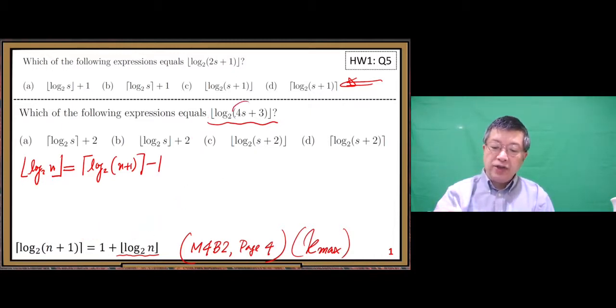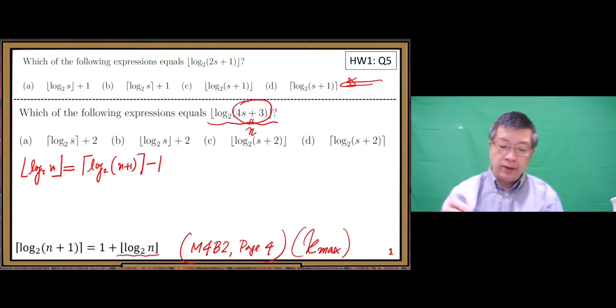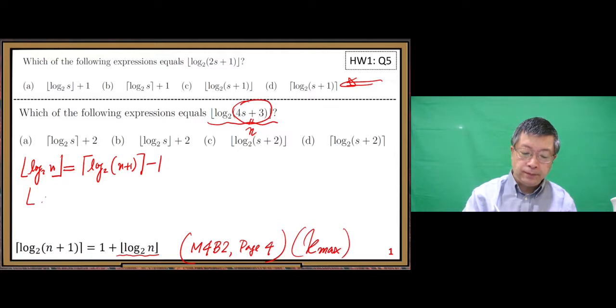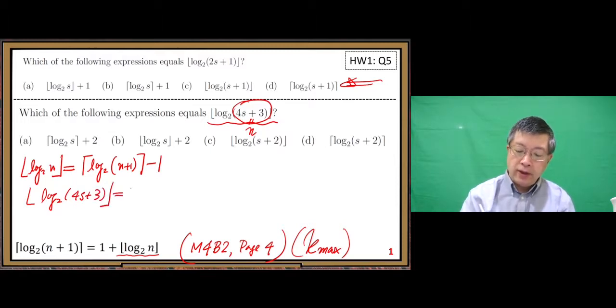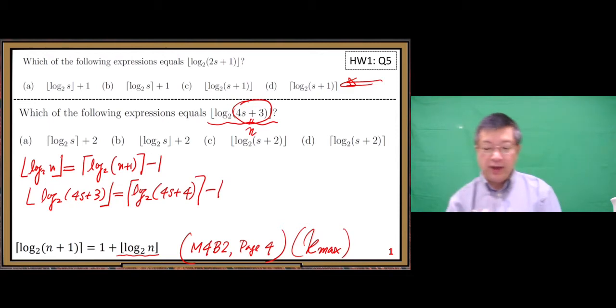Now, this is our n. So we plug in 4s plus 3 on this side, and 4s plus 4 minus 1.